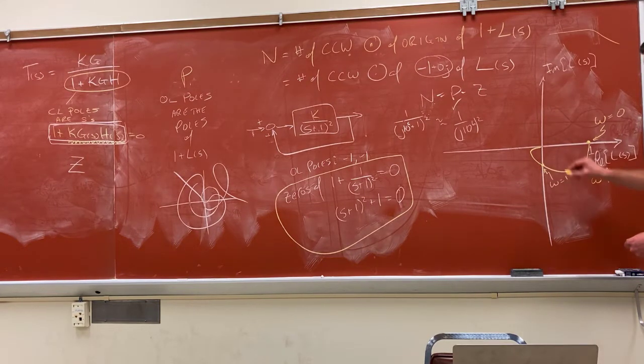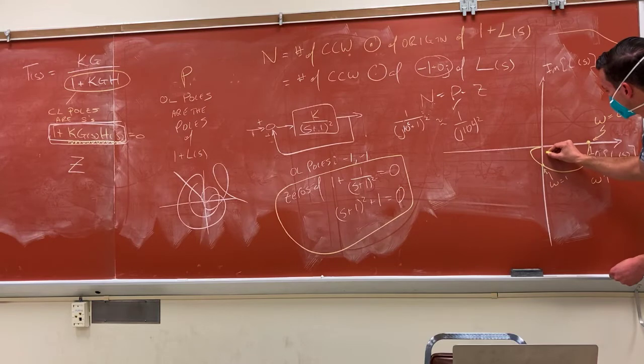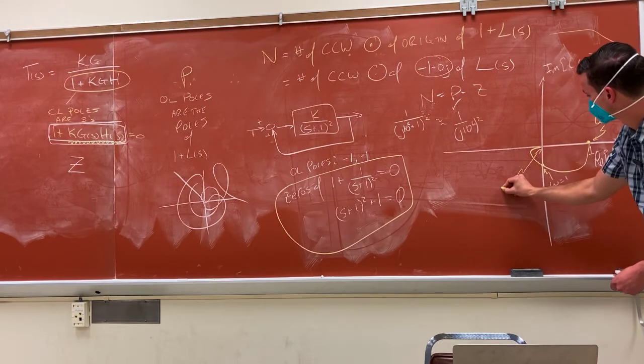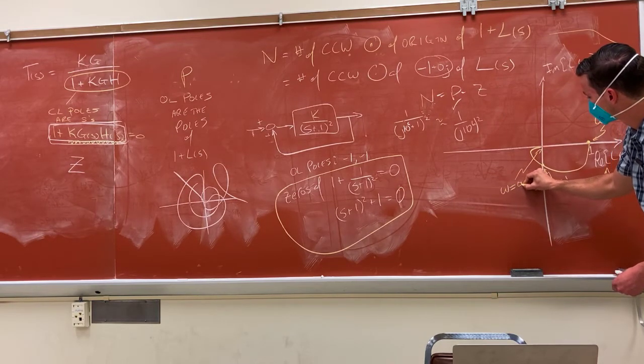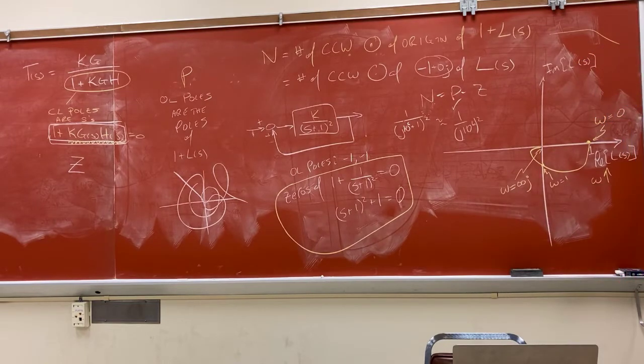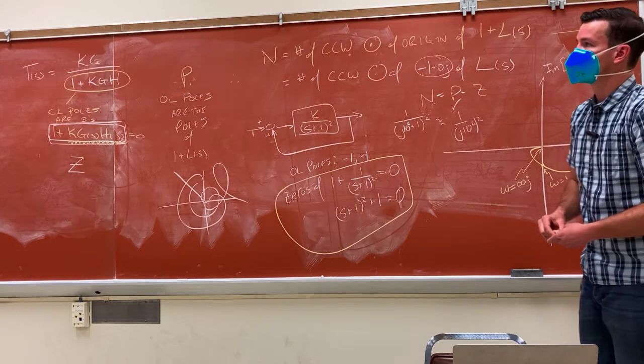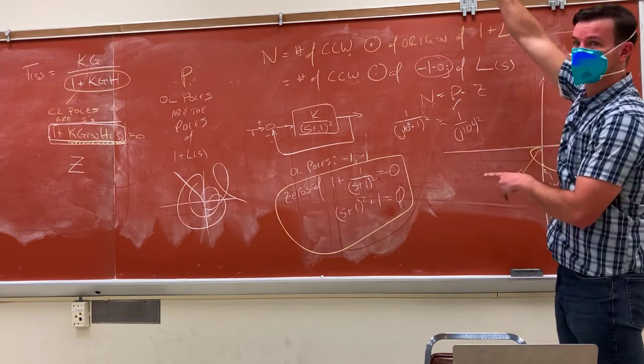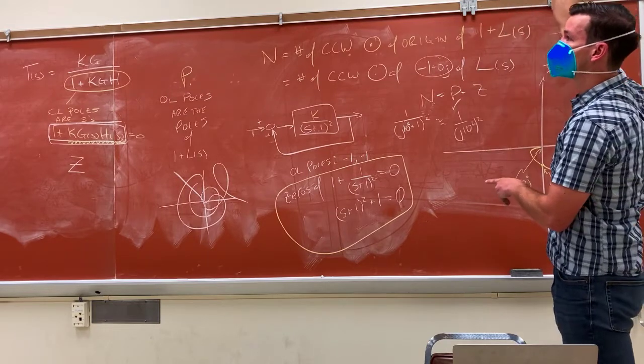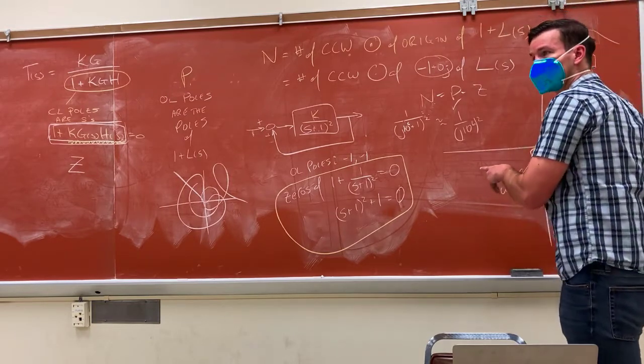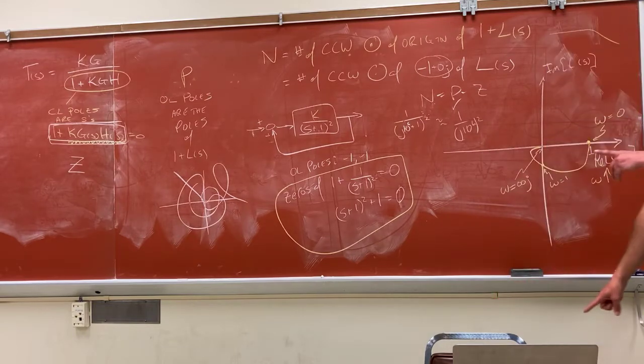So this point, the origin, rather, is what you get when you plug in infinity j for s. Now we've gotten to positive infinity j, and we start our long journey around the semicircle. What's the magnitude doing as we walk around that semicircle? Constant at 0, because we're infinitely far away from the poles.